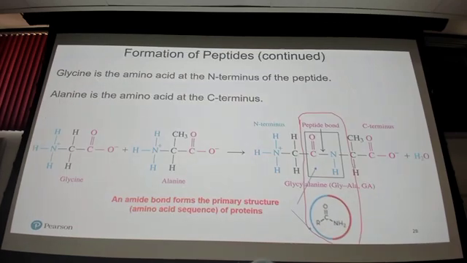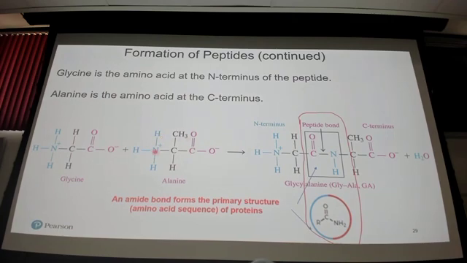The formation of peptides from amino acids happens through amide bonds. Remember, in an amino acid, the ammonium group is always going to be to your left and the carboxylate group to your right, as shown here in glycine and alanine, where the ammonium group is in blue and the carboxylate group is in pink. When these two amino acids combine, the carboxylate group from the first amino acid interacts with the ammonium group from the second.